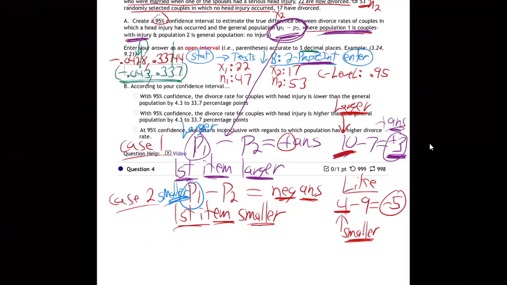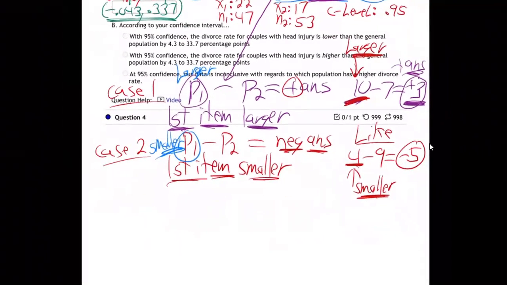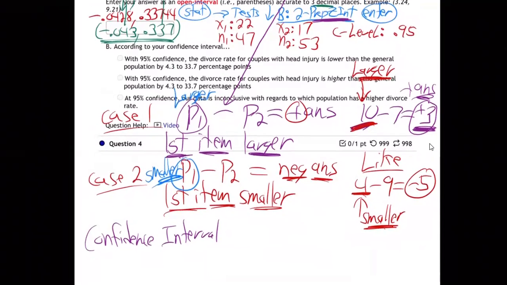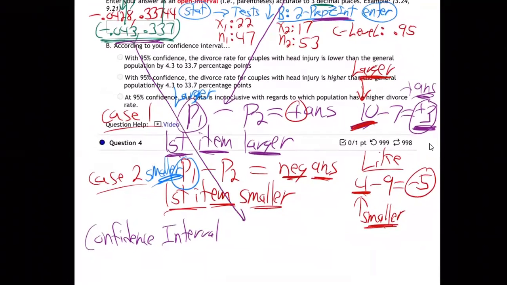All right. So what does that mean then about our conclusion? Well, that's what the confidence interval is telling you. The confidence interval is right here. It is negative 0.043 to positive 0.337.